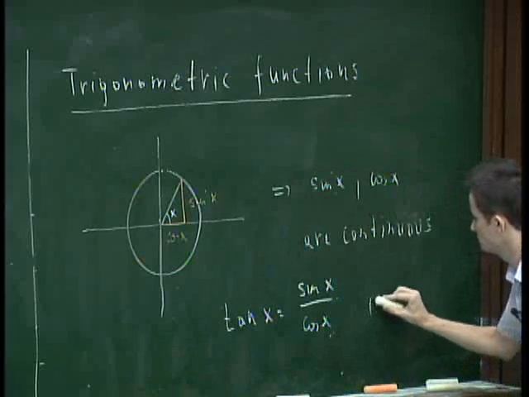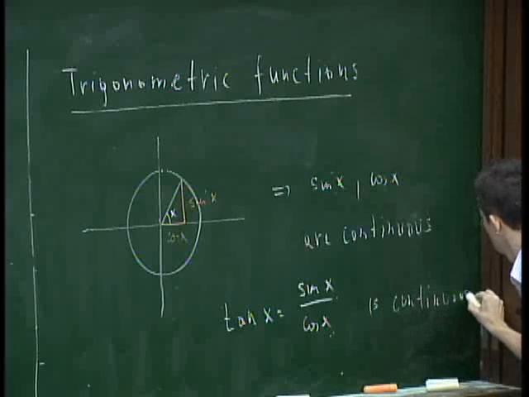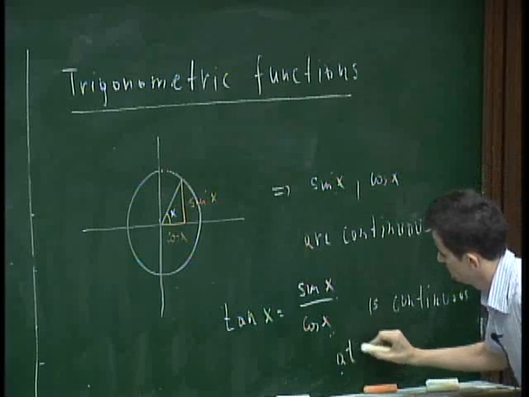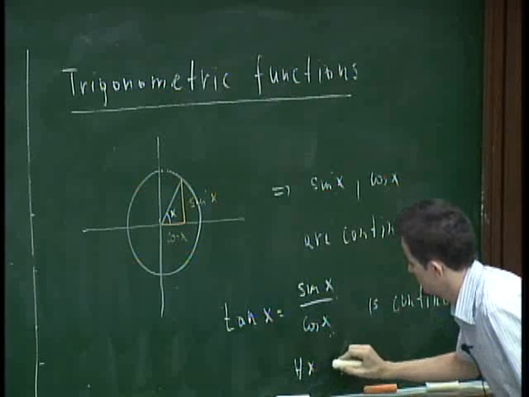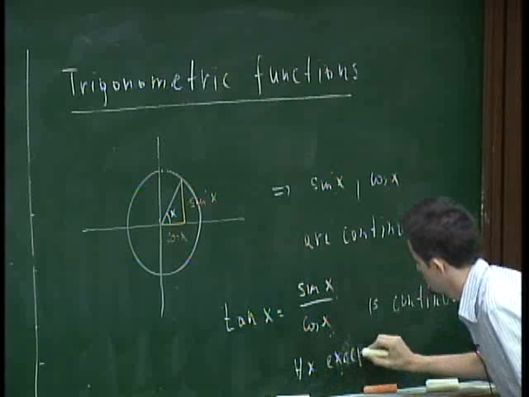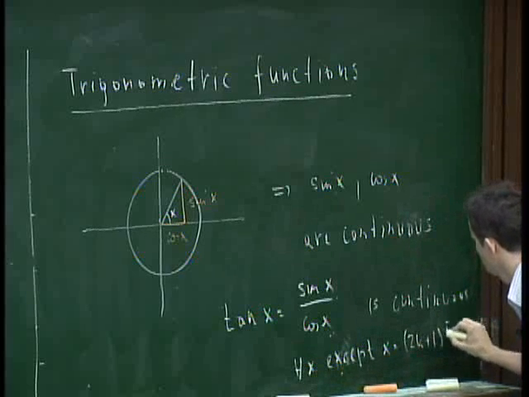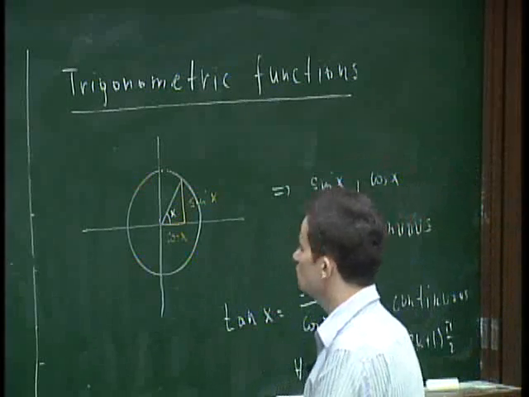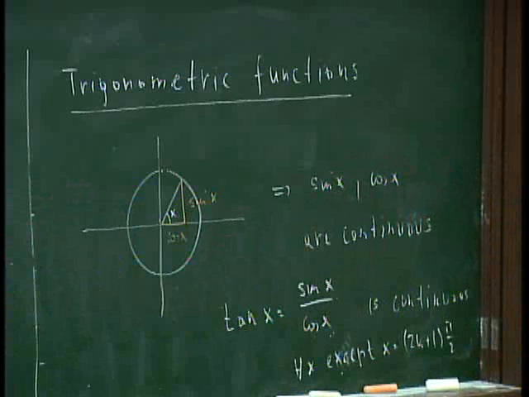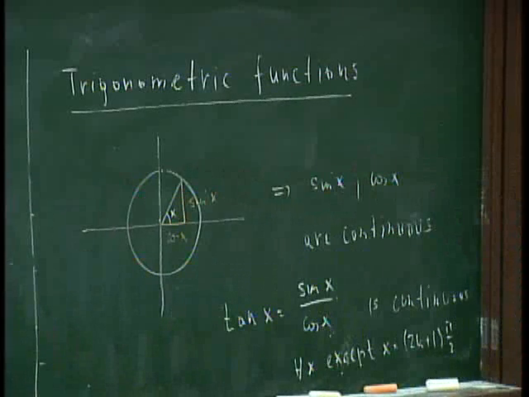So this function is continuous for all x except x is equal to 2k plus 1 times pi half. And then you use again this fact here. So from this fact, you see that the inverse sine function, inverse cosine function, inverse tangent function all are continuous. So everything is continuous.